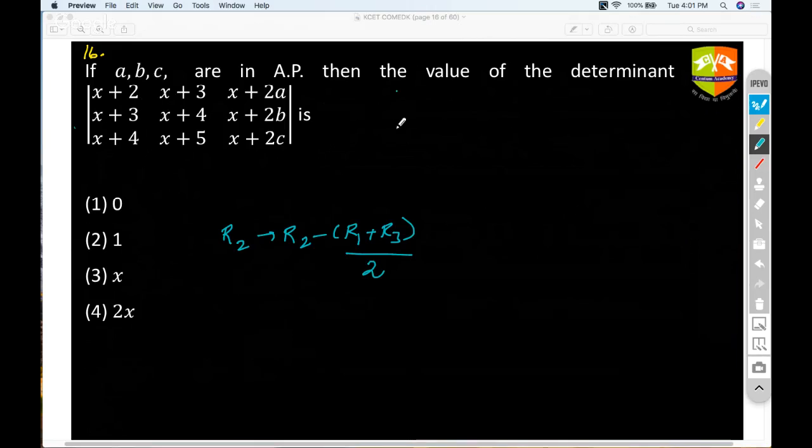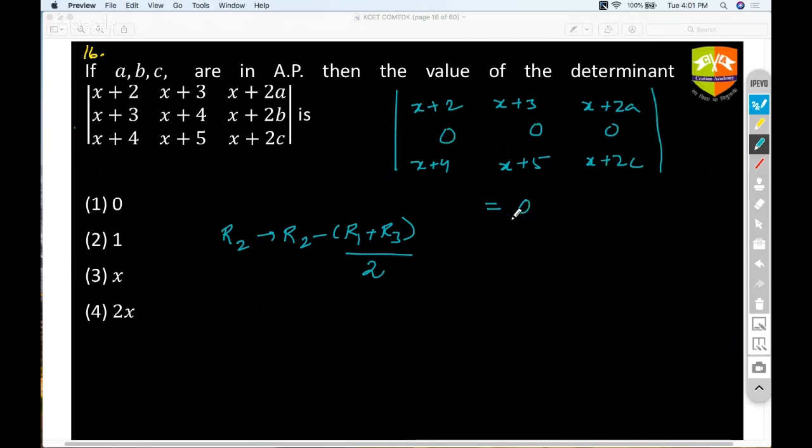So that will lead to 0, 0, 0 in the second row, giving you the answer as 0. So option number 1 is going to be correct.